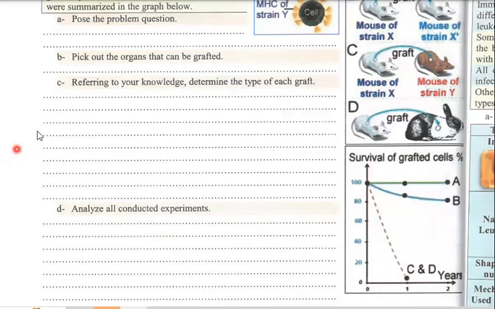Okay, now we're going to analyze. So what to say? First, I'm going to start writing from here.